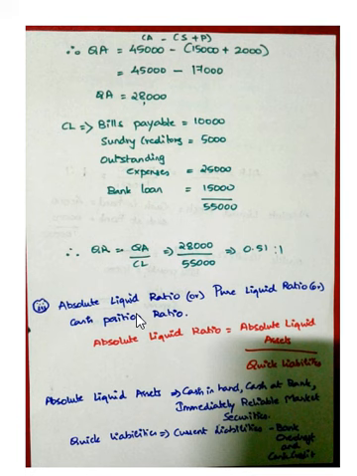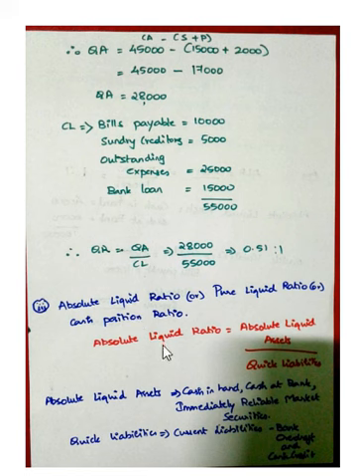So your next ratio is the absolute liquid ratio or pure liquid ratio. It can also be called the cash position ratio. It is the ratio which takes into consideration only those assets which are purely liquid in nature, readily cash in nature, like your cash in hand, cash at bank, and tradable investments.